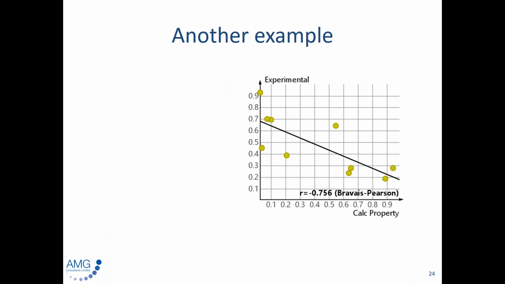So another example. This is showing a correlation between a calculated property on the x-axis and an experimental property on the y-axis, and it looks like a reasonable straight line, and we've got R of 0.756. It's minus because the slope is down here.